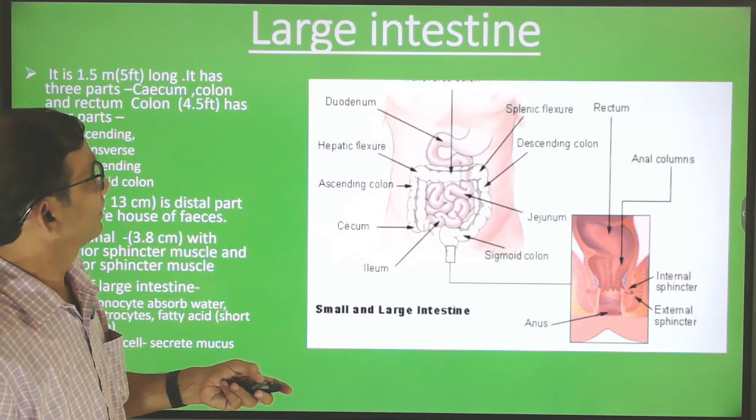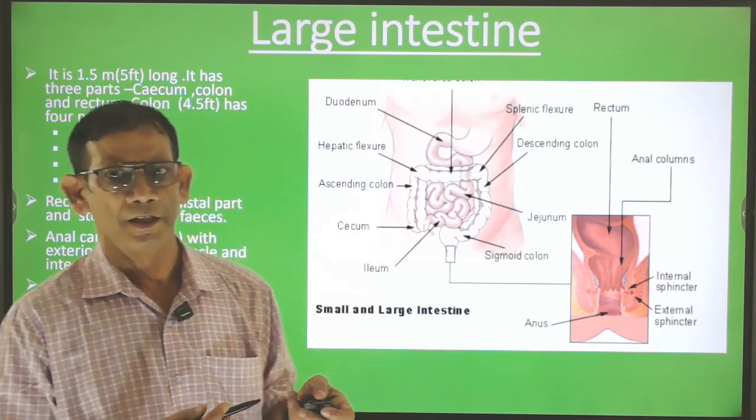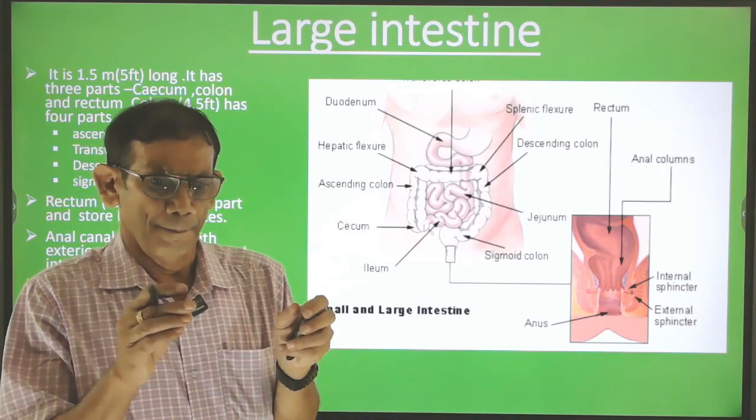After the small intestine, there is the large intestine, which is differentiated from the small intestine by its wall.